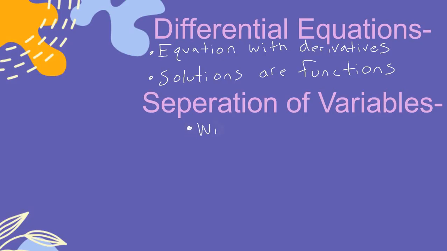So our first step is, if for some reason I have an f prime of x or y prime, we need to rewrite that as dy dx, or dy dt, whatever our other variable is.